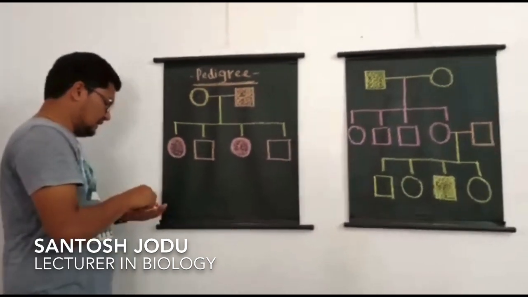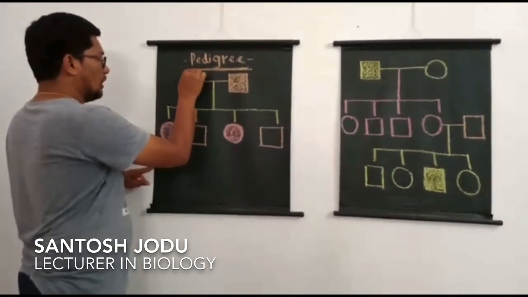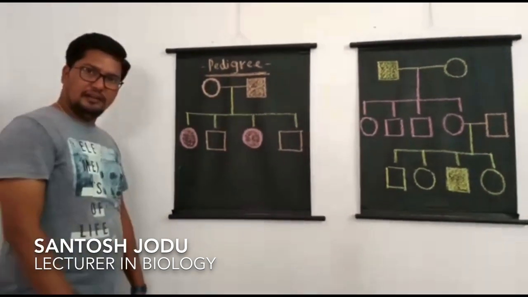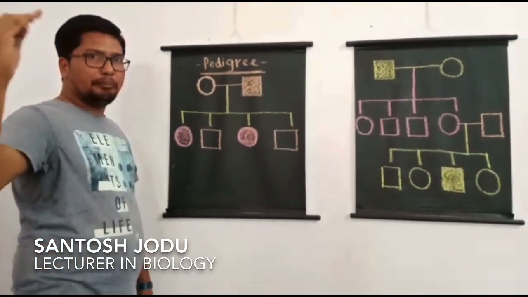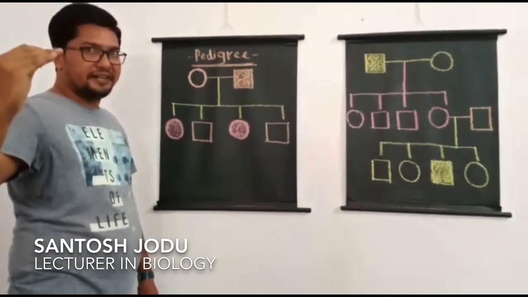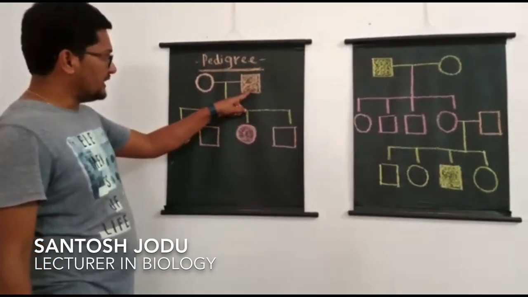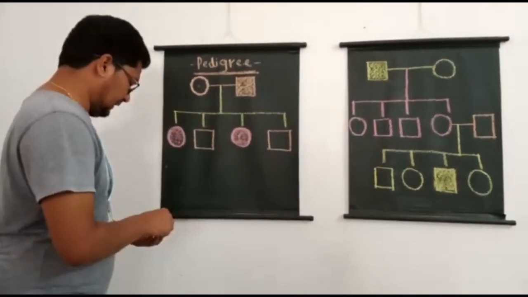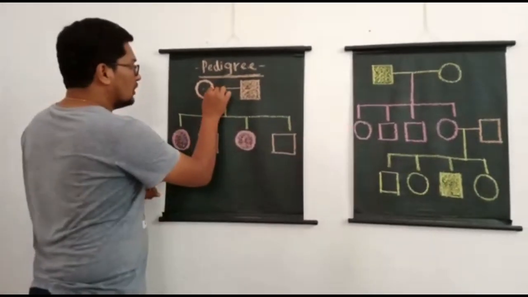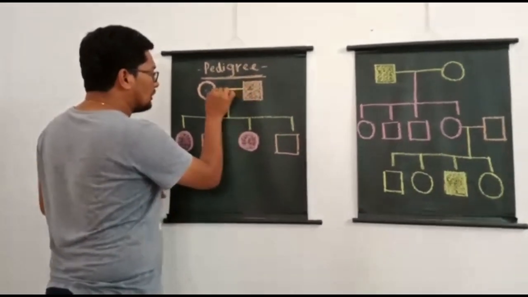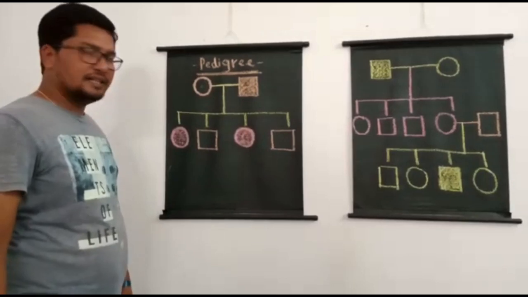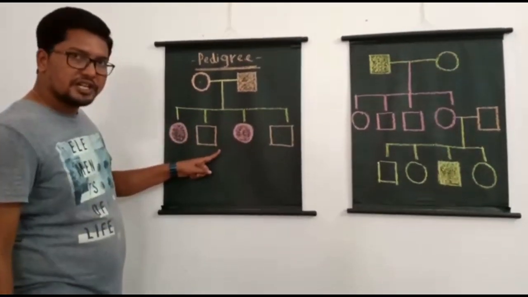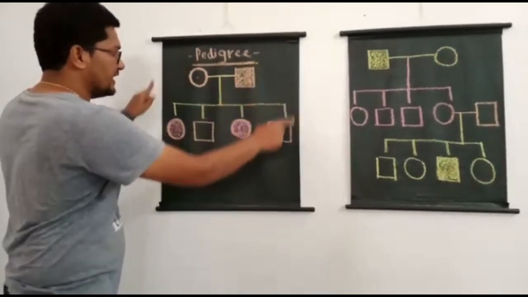You know that in a pedigree chart, normal circles always indicate normal female and squares indicate male. When that square is shaded, it says an affected male. So an affected male married a normal female. In a pedigree chart, horizontal lines always indicate mating, and vertical lines always indicate next generation offspring. So with this it is very clear.